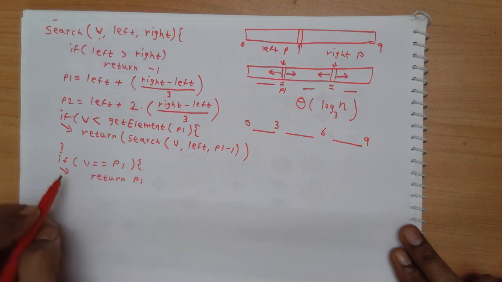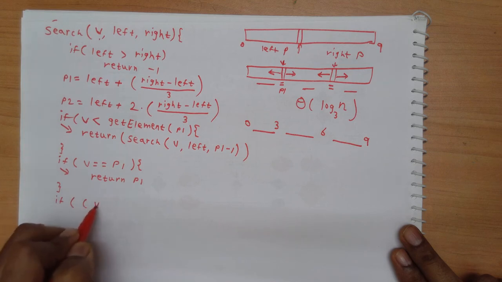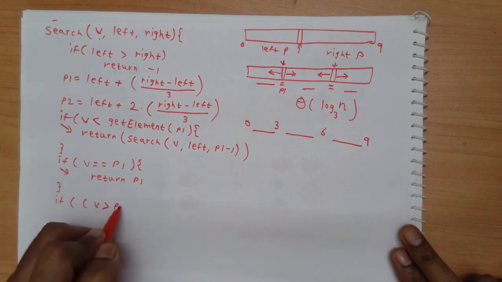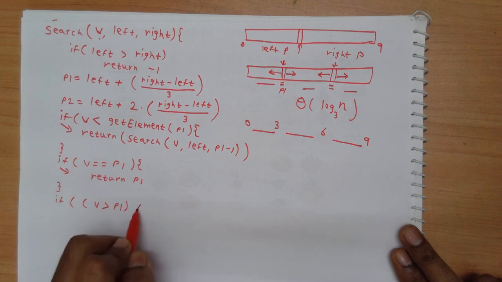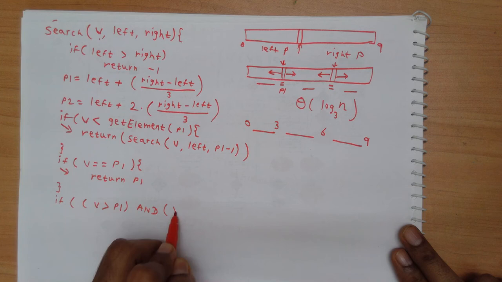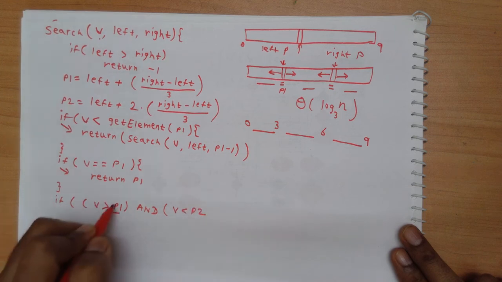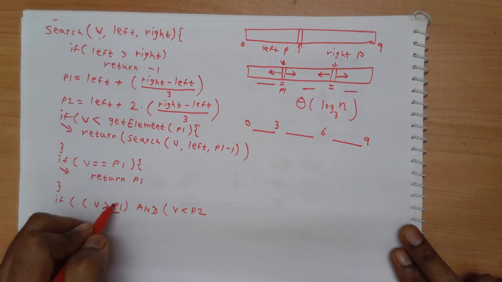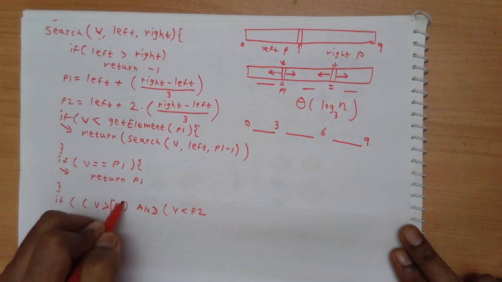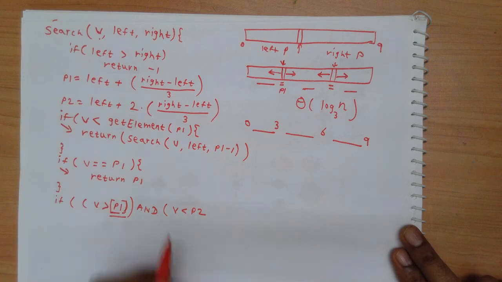return p1, the index where I found it. If my value is such that v is greater than the element at p1 and my v value is less than the element at p2, not the index, it should be the get element at, so I'll denote it using this symbol, which means get element at a particular position.